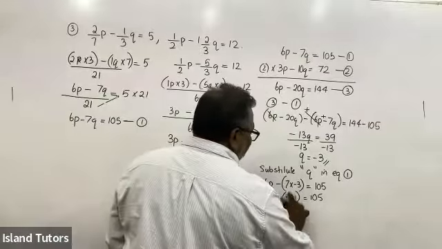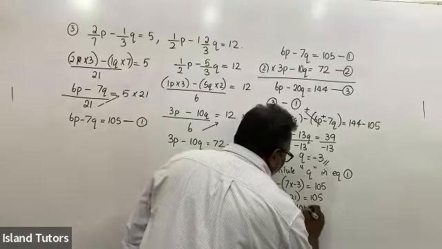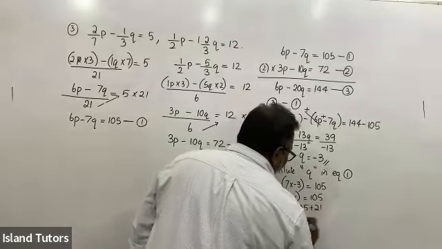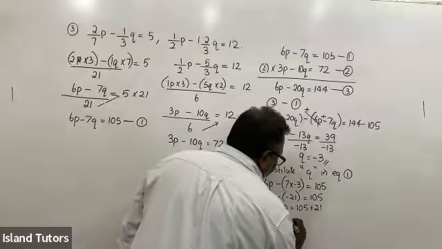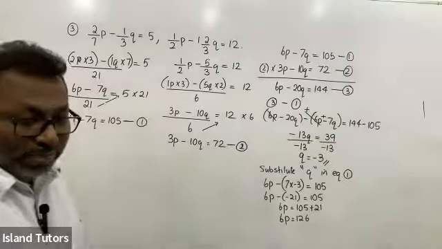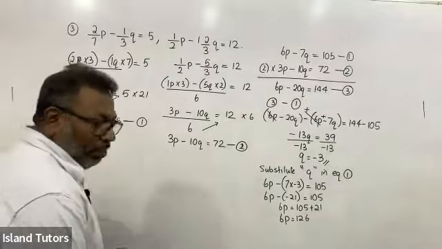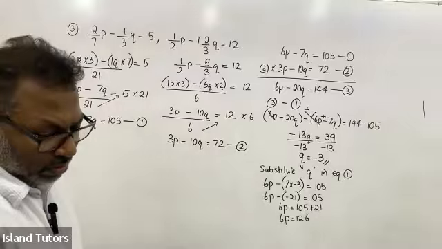Right. So you have a plus 21 here. So 6p is equal to 105 plus 21. 6p is equal to 126. So what's your answer going to be? P is going to be how much?